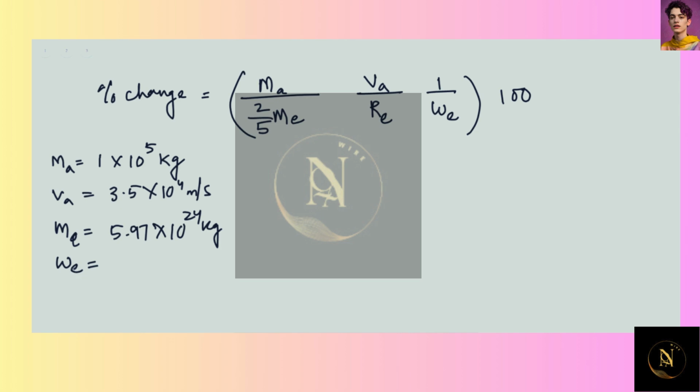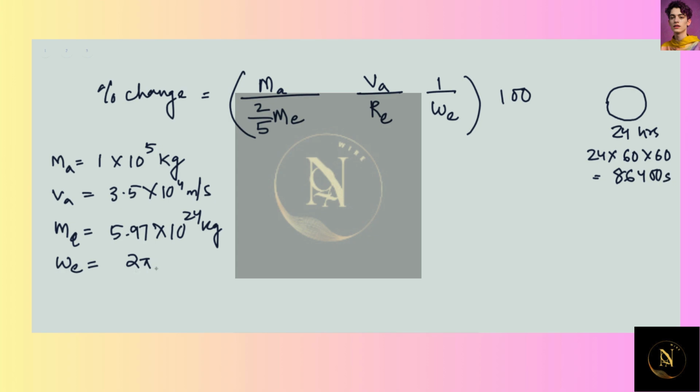The initial angular velocity of Earth: Earth covers 360 degrees, making a full rotation in 24 hours or 1 day. If you convert 24 hours into seconds, you multiply by the number of minutes in 1 hour and then the number of seconds in 1 minute, and this comes out to 86,400 seconds.